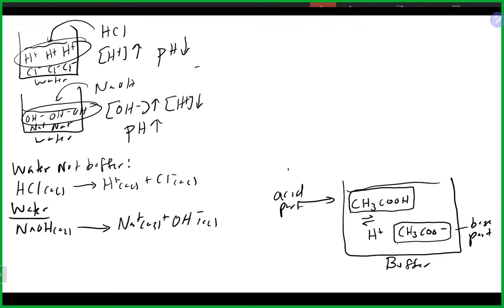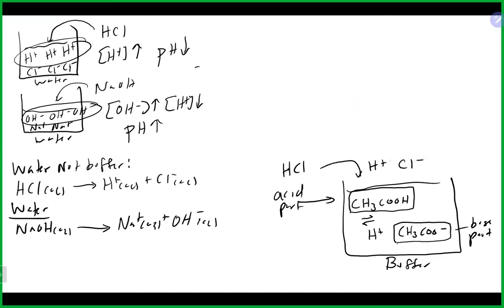So if we took that HCl and dumped it in here, again, that's basically H plus and Cl minus. What's going to happen when you add the HCl is it's going to react with the base part of the buffer. You added an acid, it reacts with the base, because those reactions are called acid-base reactions, right?